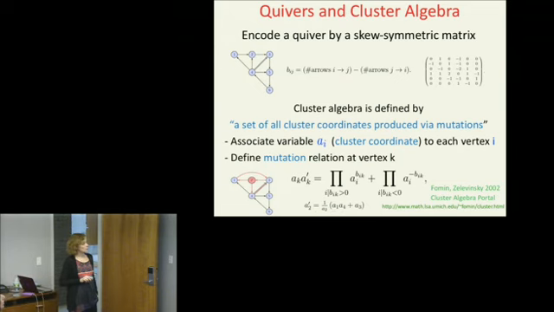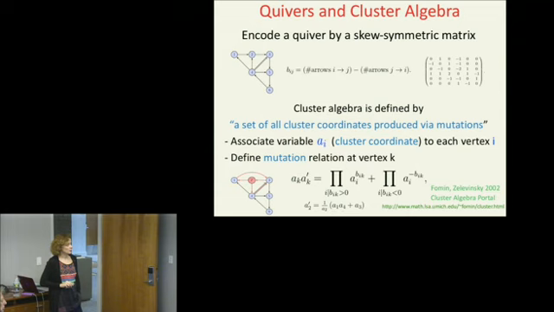Given this quiver, we can encode it by associating a 6 by 6 matrix B_ij, because there are 6 nodes, and the arrows are encoded in this matrix by this formula. You're given a quiver and arrows between them. That's the input. The cluster algebra is defined by the set of all cluster coordinates produced by something called mutation out of this quiver.